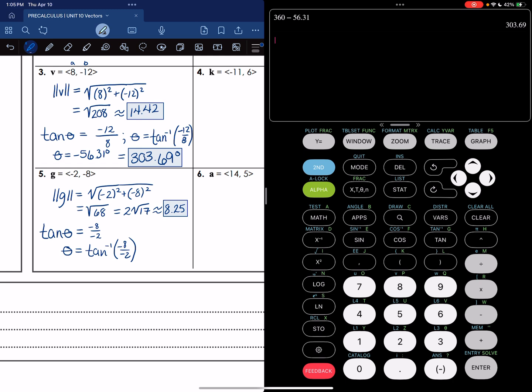Make sure that you choose inverse tangent, and you'll get your tangent angle.